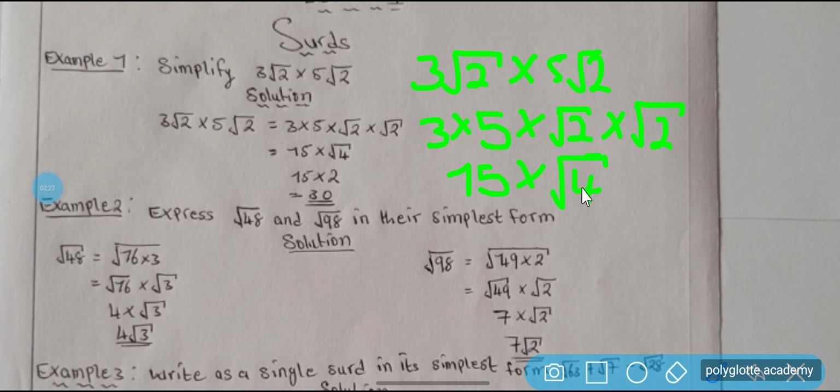Therefore we have 15 times root 4. We know the square root of 4 is 2. So 15 times 2, which will give us 30.